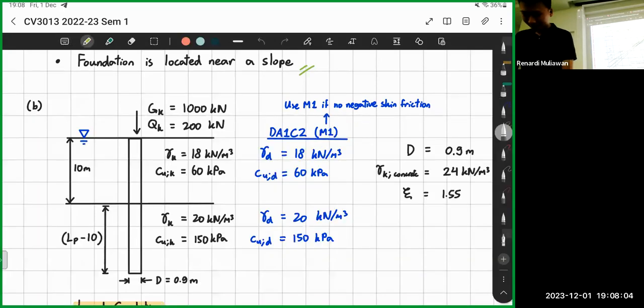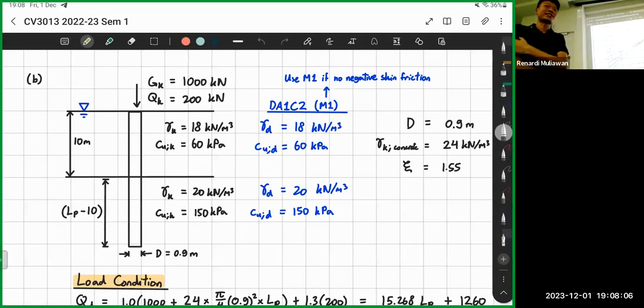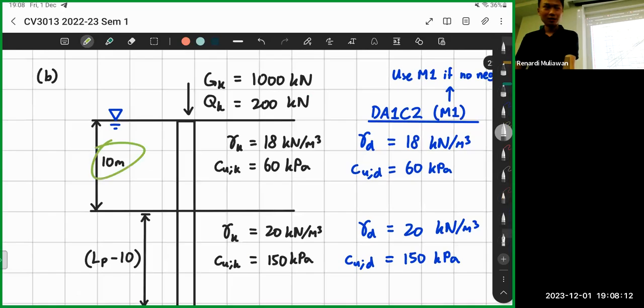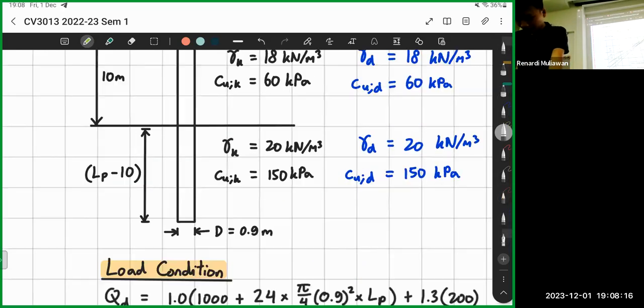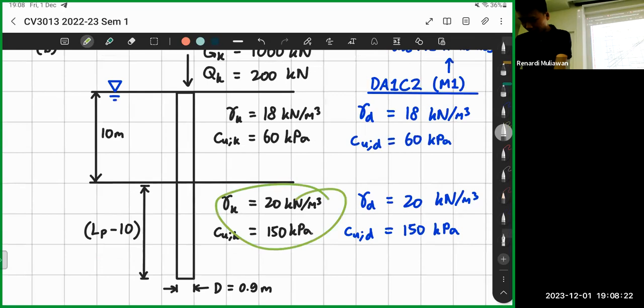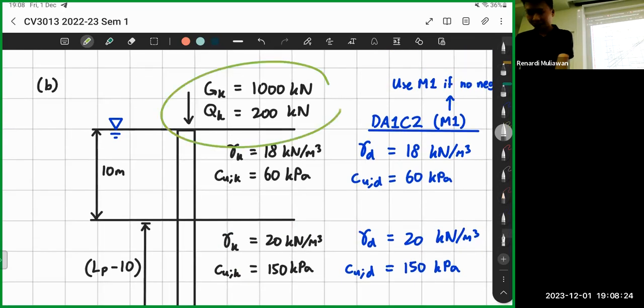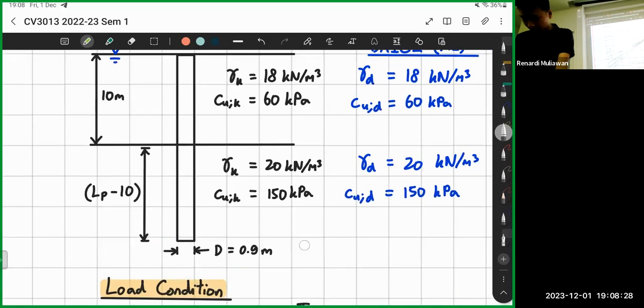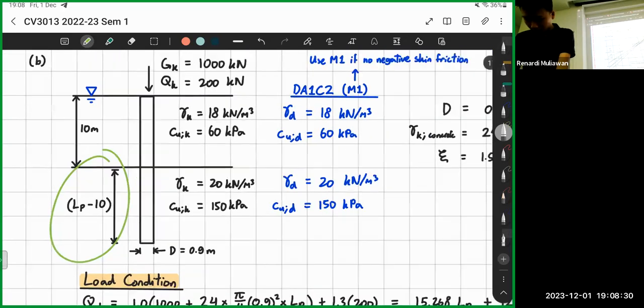Okay, so when you see that question, first things first is draw out the soil layer. They give you the first layer is 10 meters, then these are the properties. The second layer they never give, so it means it's very deep. Then they give you the loading, then the diameter, then this is your pile depth.